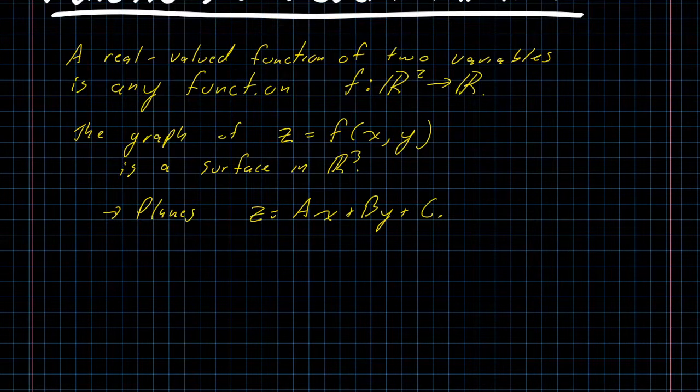If we have a function which we can write as z equals a times x plus b times y plus c, that's going to give us the equation of a plane. We can't get a vertical plane, but we can get a plane in any oblique angle written in this form. We've already discussed planes in some length. I don't feel that we need to do that again.